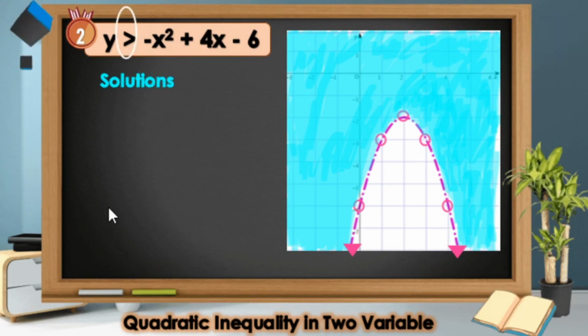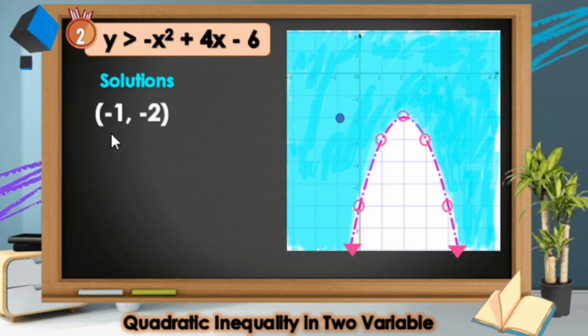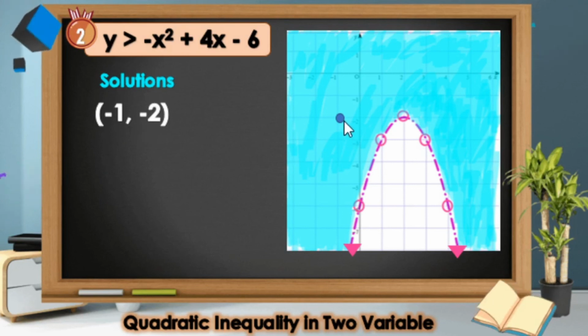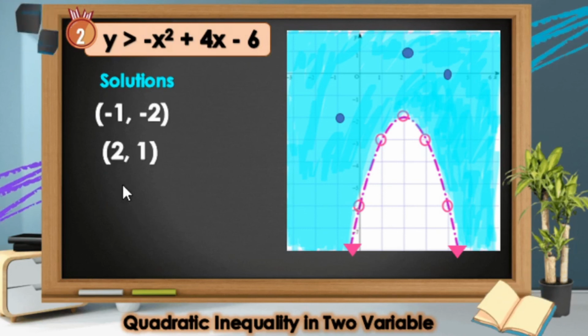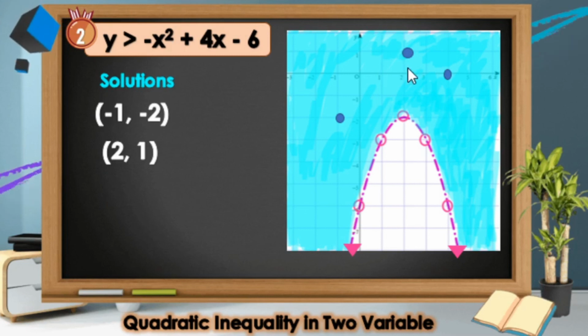So, for example, we have negative 1 and negative 2. So, yung point na to dito, etong negative 1 and negative 2, pag sinasubstitute natin dito sa ating given, ay magsasatisfy or magto-true. And kapag yung 2 and 1, so, ayan, 2 and 1. So, ito yun. Magsasatisfy din yan.